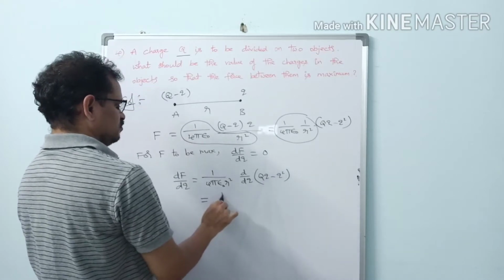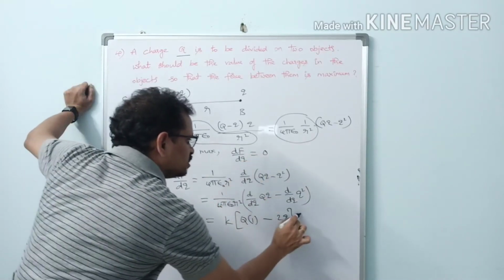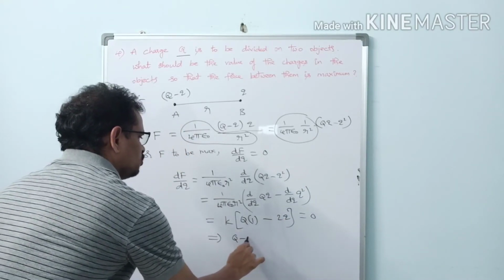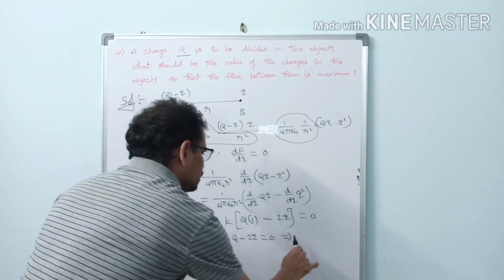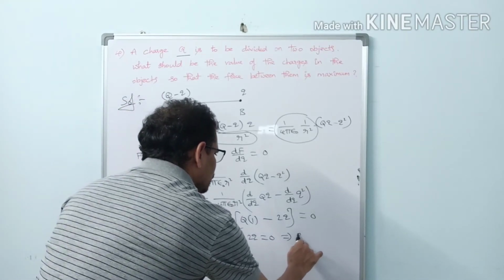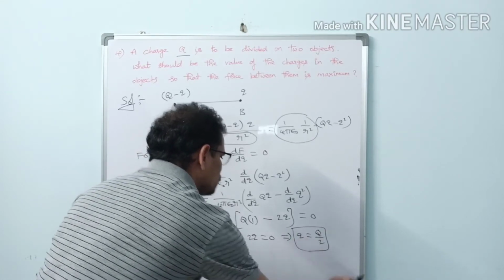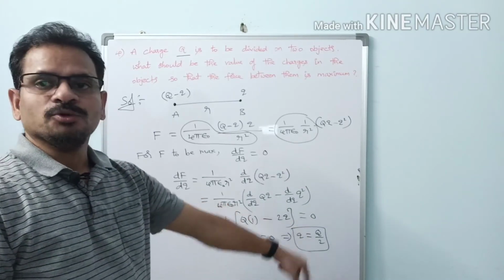From the above condition, this is equal to 0. That implies capital Q minus 2q equal to 0. This implies q equal to how much? q equal to Q by 2. So small q equals capital Q by 2.